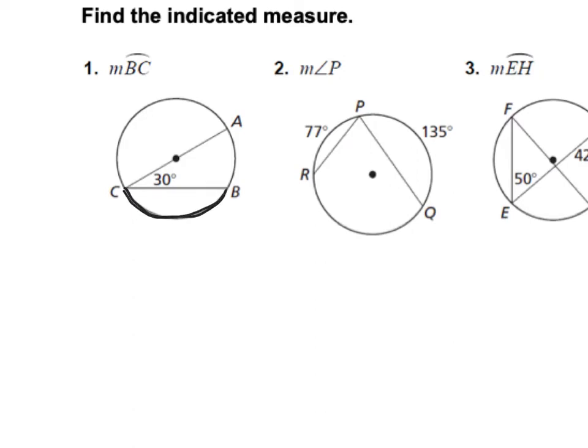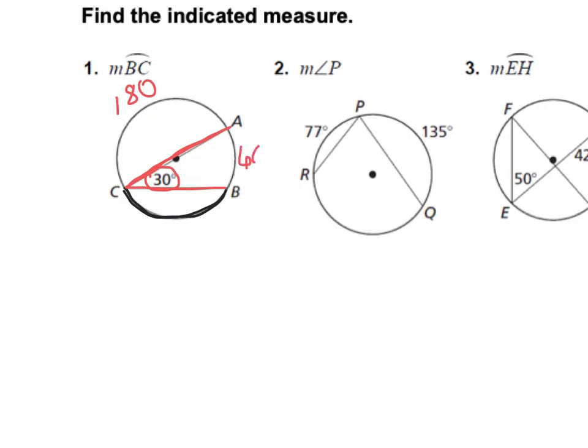Some things that we have learned previously is that, first of all, here's a diameter. So I know that this is 180 degrees. I know that this is an inscribed angle, and if it is 30 degrees, then the intercepted arc is twice that.